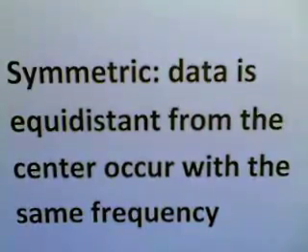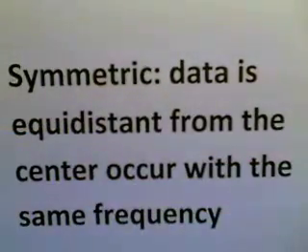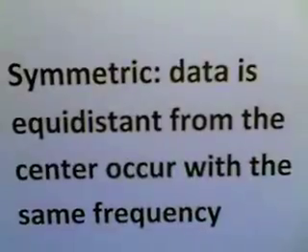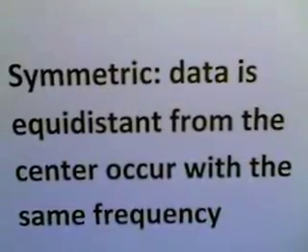A very good example on page 496 of skewed and symmetric. And I'm not going to be able to get the book in there to show you. So you need to look on 496. You have a skewed right, skewed left, and then you have the symmetric.